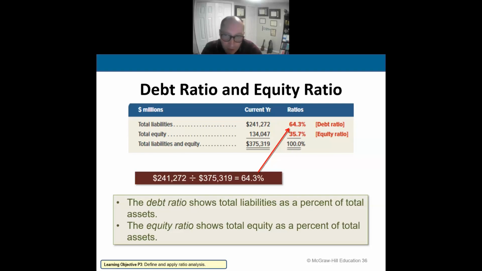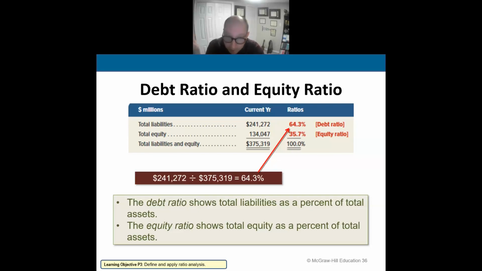The way it works, for the debt ratio, we take the current year total liabilities divided by total liabilities and equity. That gives me the debt ratio percentage, 64.3% in this example.